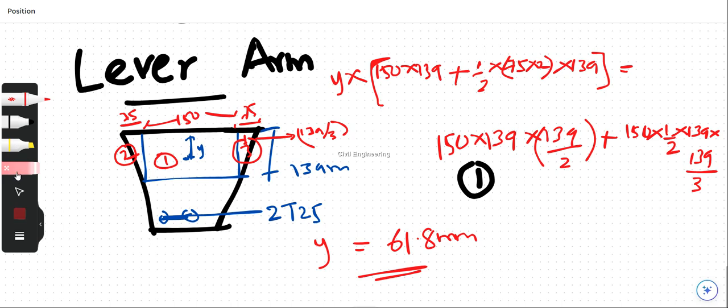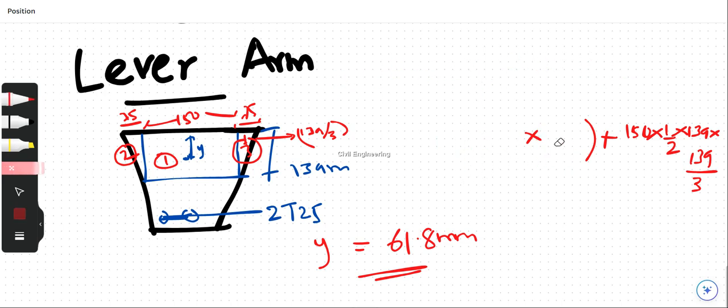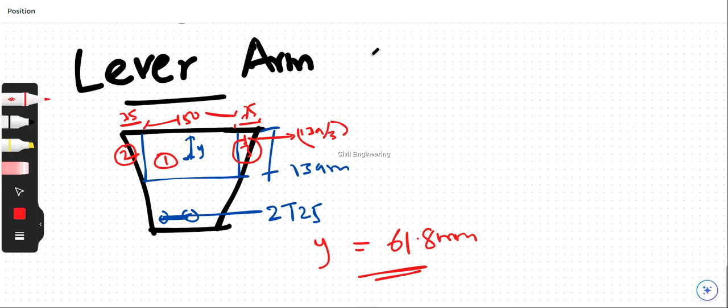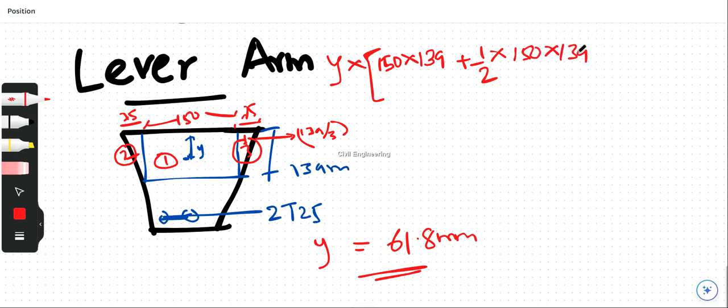If you cannot understand this one, I will write it again. Just write the total area: 150 into 139, that is the area of this section, and half into 150 into 139.